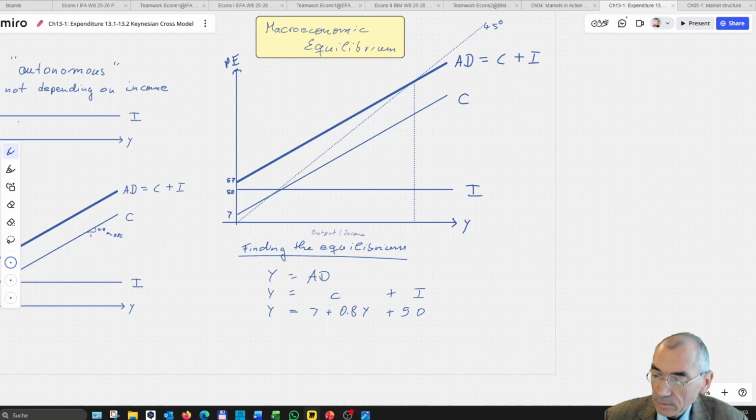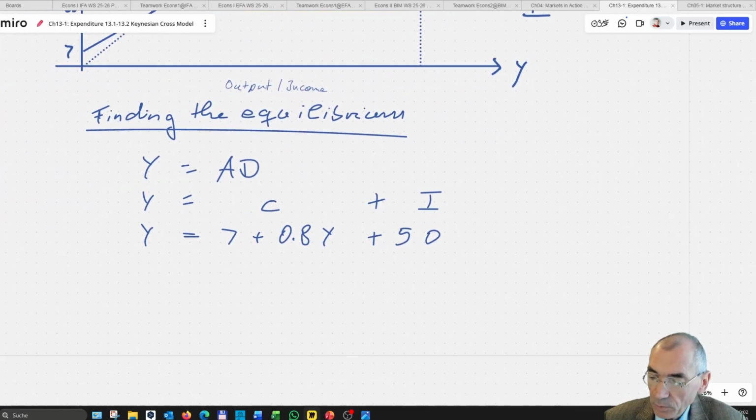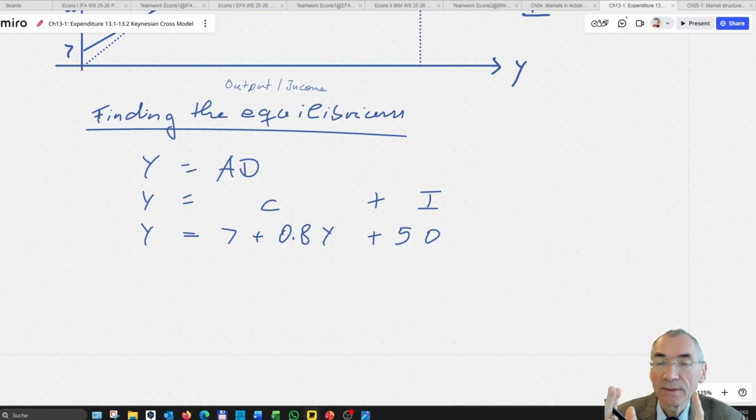When we look at this function, we see that we have y on both sides. So it makes sense to bring y to the left side, and then we can solve for the value of y that leads to an equilibrium. First of all, we can add 50 plus 7, which is 57, plus 0.8y.